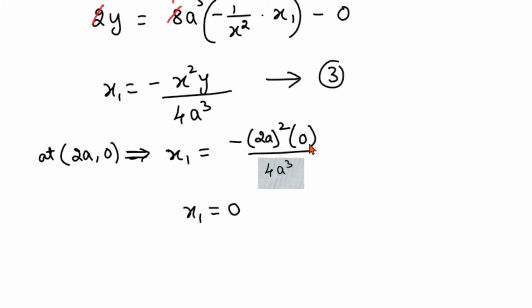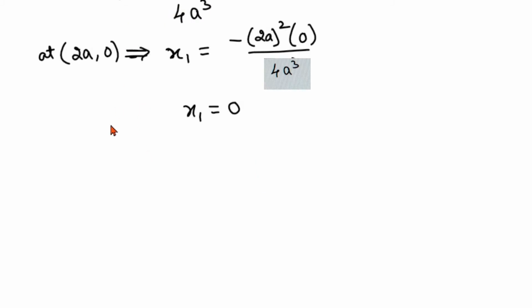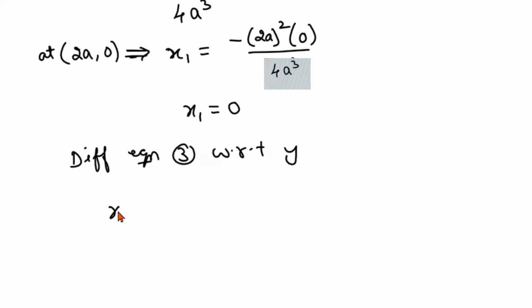To get the value of x2, we have to differentiate equation number 3 with respect to y. The derivative of x1 will be x2 equals minus 1 by 4a cubed, which is a constant, so I'll take it outside.